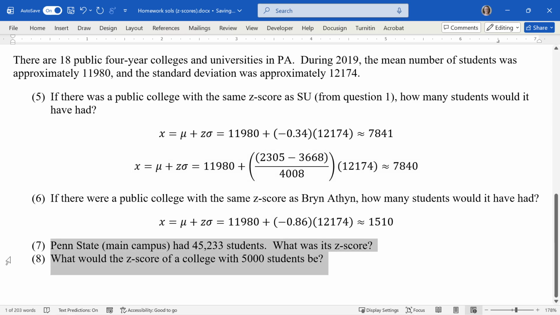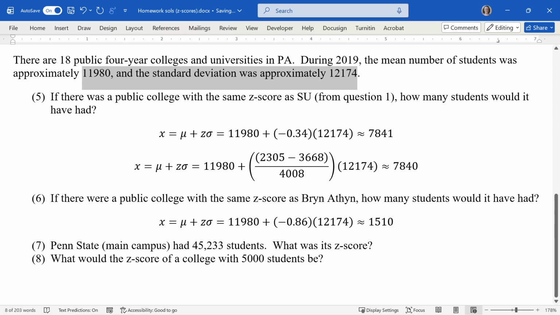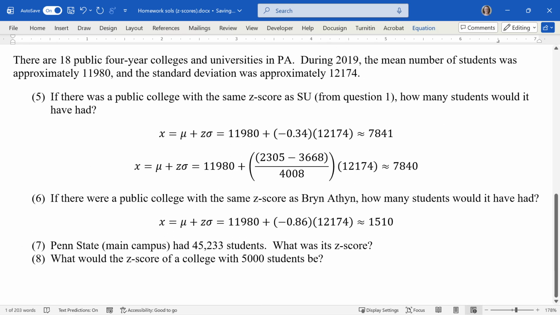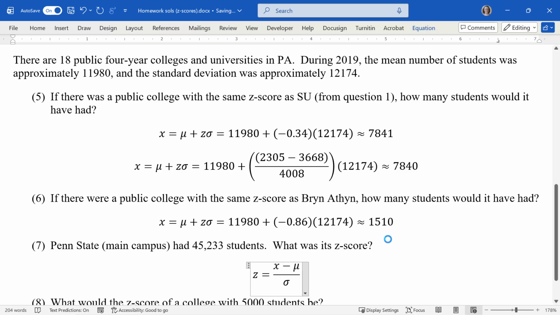Okay, so the last 2 questions here are to calculate z-scores using the public college numbers for the mean and the standard deviation. So we're going back to the z-score formula, this one, and now we're just going to use the mean and the standard deviation from this set of questions, the public ones. So the mean is here.